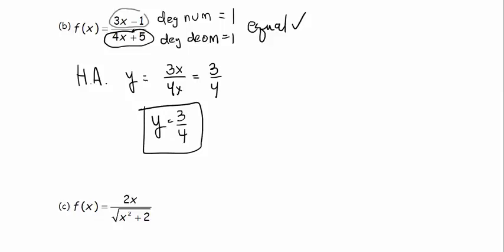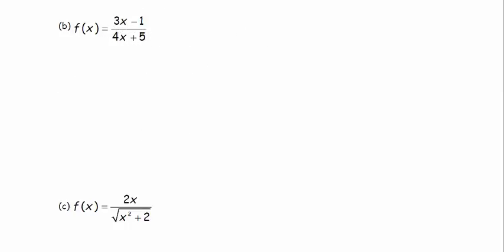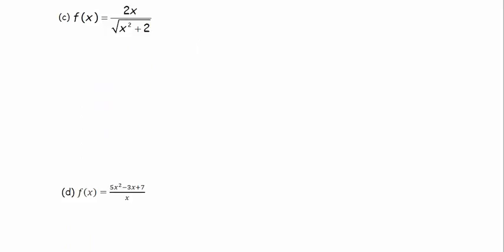Alright, let's try again. This next one will be a little bit trickier. If you thought that you had it, hopefully you still do. So the degree of the numerator is going to be 1.